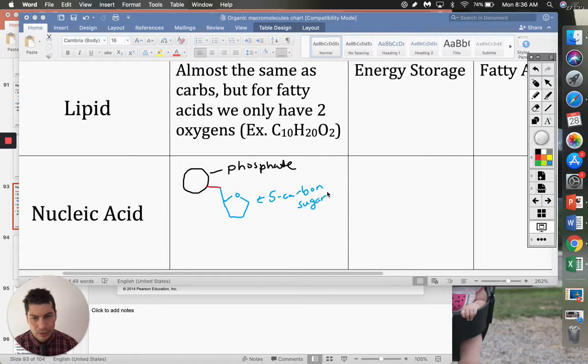Now, this looks probably a little bit different than how we went over it in regular biology. Getting a little more advanced here. So if I go around our kind of pentagon, this is an oxygen here. All these other points are going to be carbons. So we have carbon 1, carbon 2, carbon 3, carbon 4, and then up here is carbon 5.